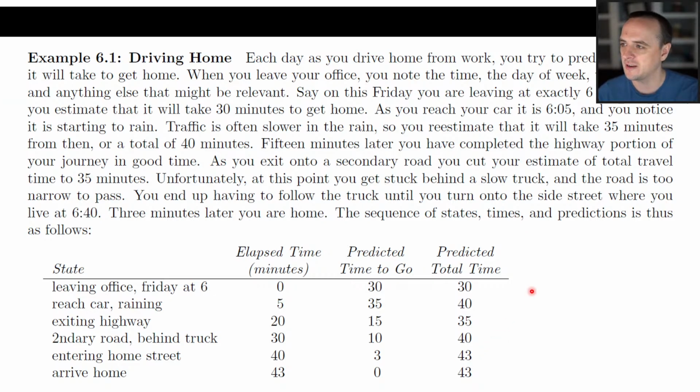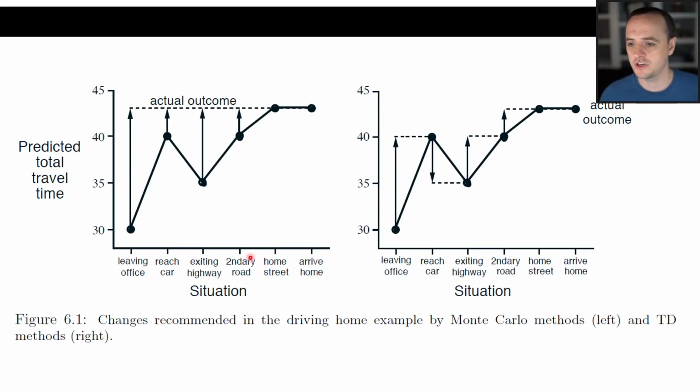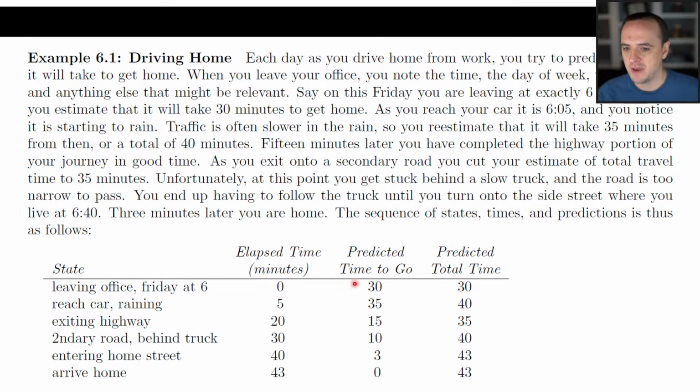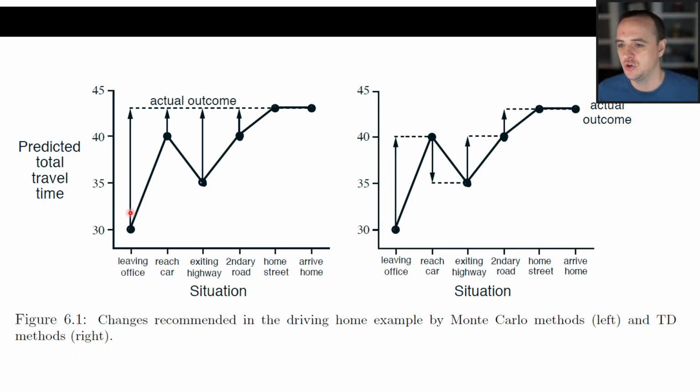So what is it about this example that's really good? Well, if you were using Monte Carlo methods, you would not make any of these intermediate updates. What you would do is take the final time of 43 minutes right here.